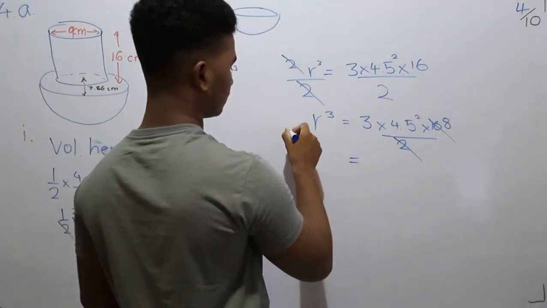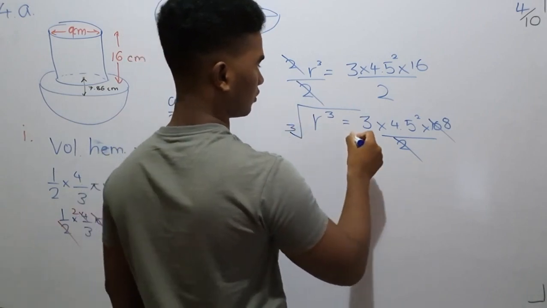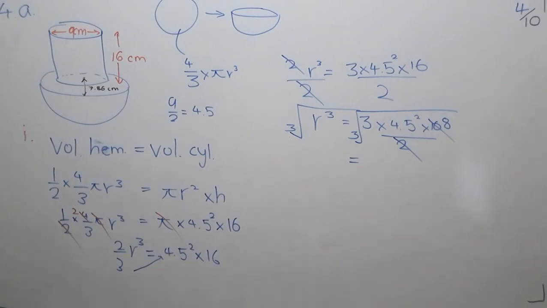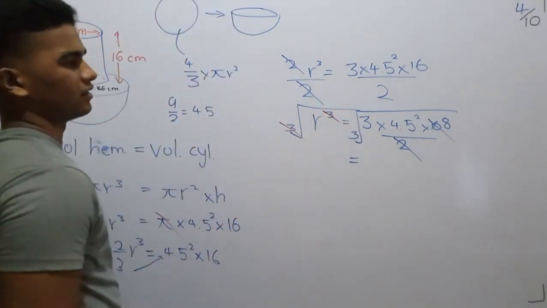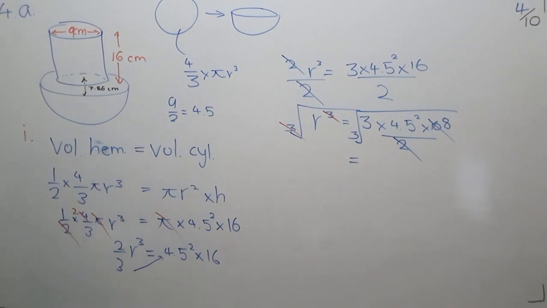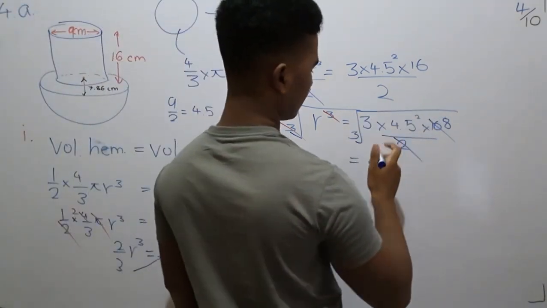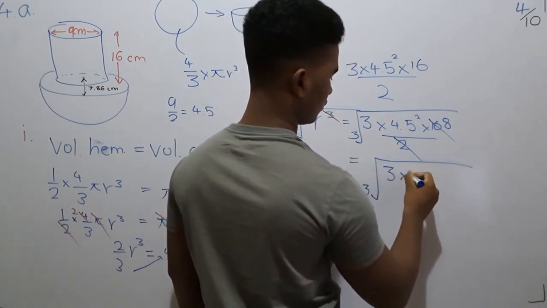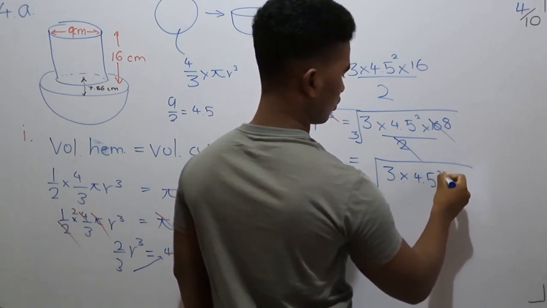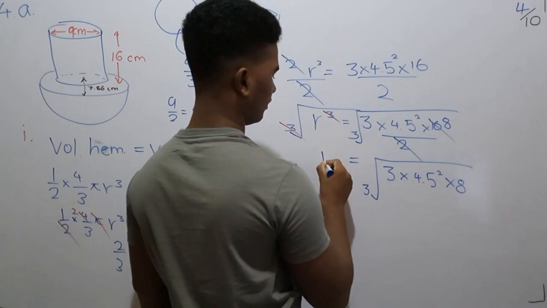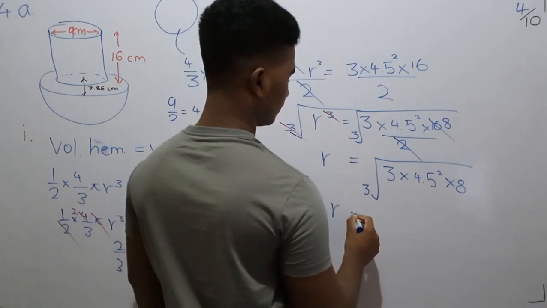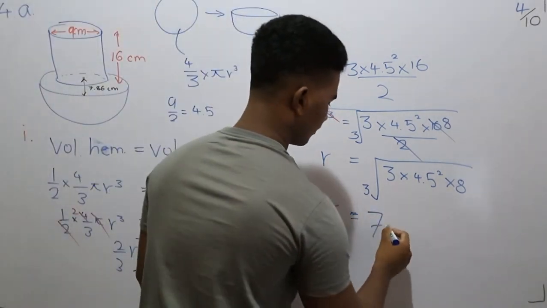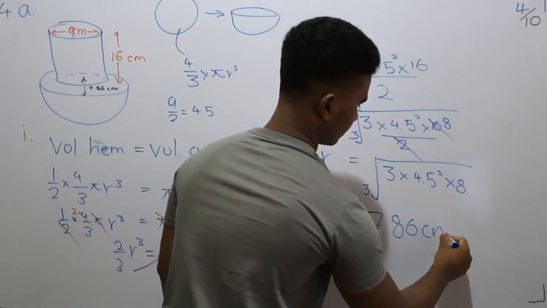Then whole thing cube root. When you cube root, this to the power 3 and this will get cancelled. So straight away put this in the calculator: 3 into 4.5 square into 8. You will be getting the answer as 7.86 centimeters.